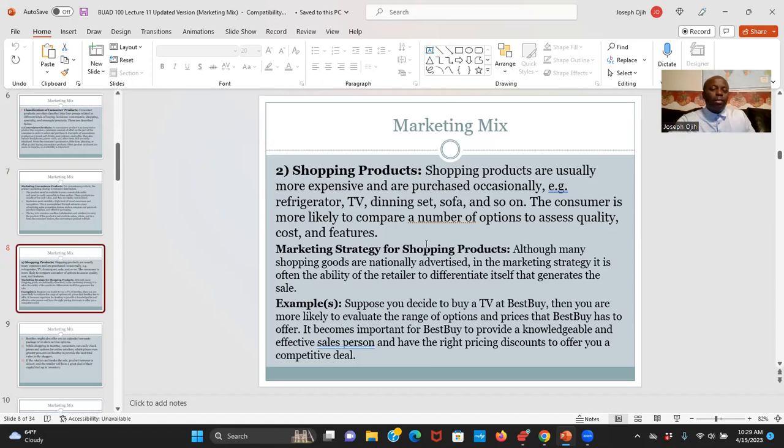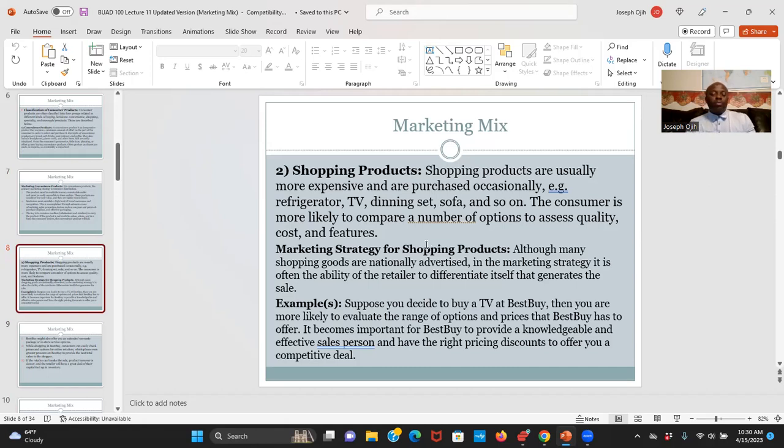No. Okay. Next thing is the shopping products. These ones are usually more expensive, and consumers buy them occasionally, not on a daily basis like they buy convenience products. Shopping products can include things like refrigerator, TV set, dining set, and so forth. So these are products you used already.